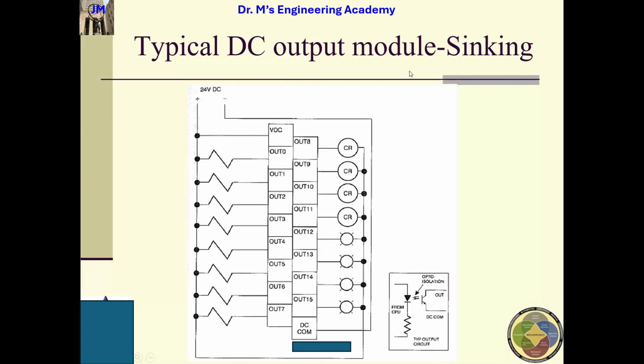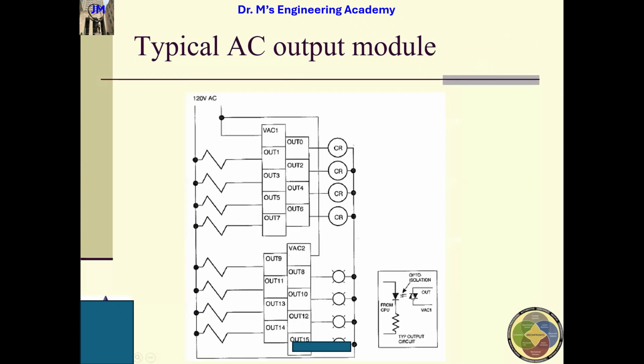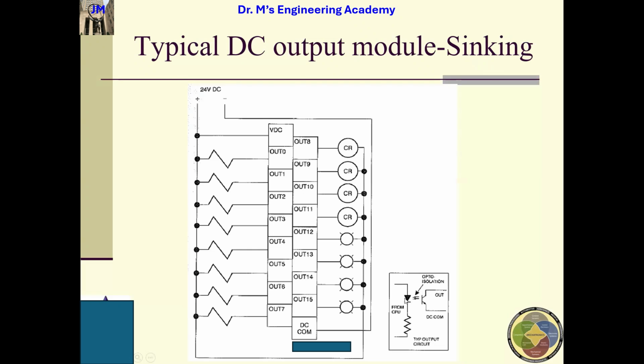So the DC output module, and also here this is DC. By the way, guys, this is a triac, and we have two diodes combined together. This is one diode, for DC, because the current only goes in one direction, and also the opto isolation.